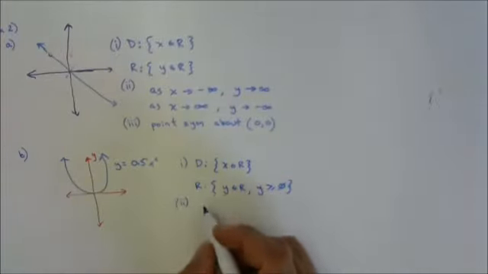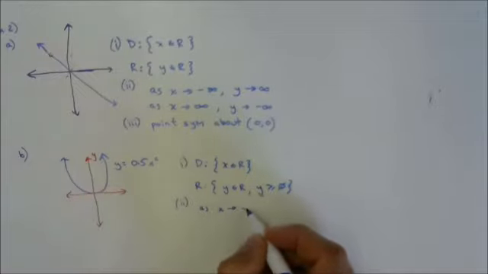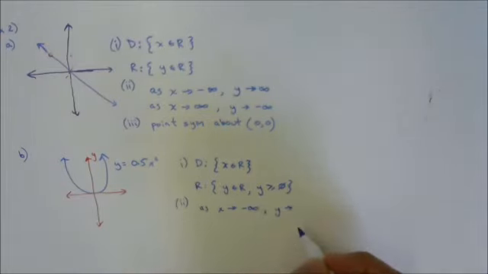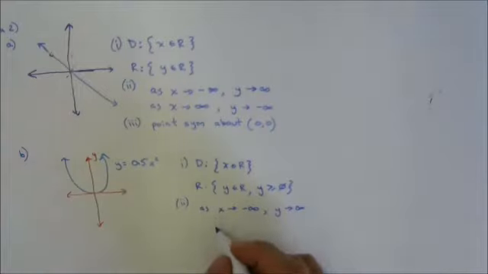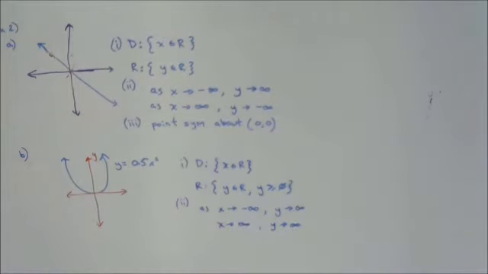End behavior. As x approaches negative infinity, what is y doing? Approaching infinity. Good, positive, right? It's going up. And as x approaches positive infinity, y is still going up, approaching infinity. Good.